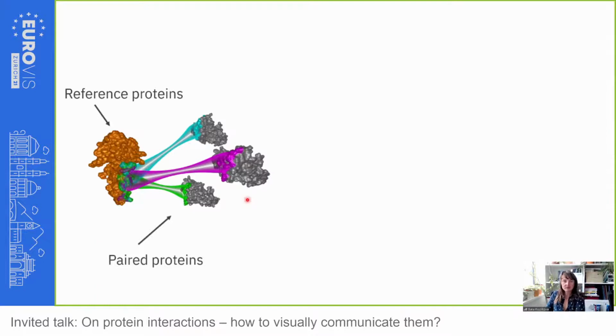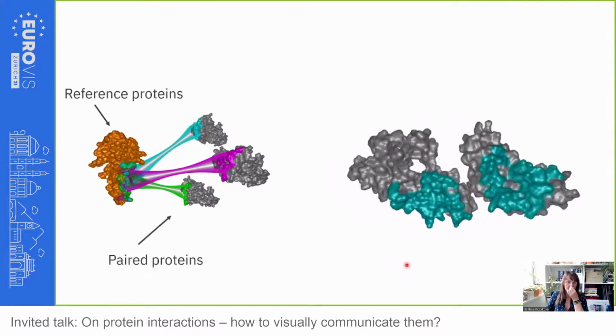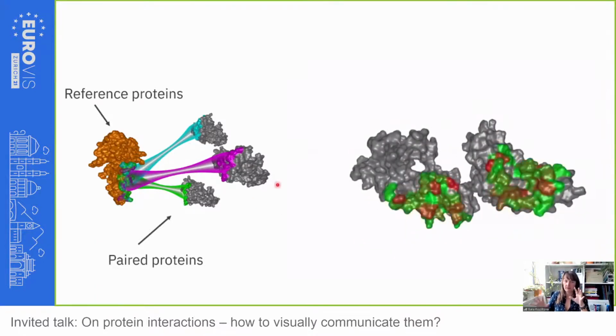And then, even more importantly, for a selected pair of interacting proteins, we were using this open book representation, where the user can really see inside the contact zone, and using different coloring you can understand the properties, the distances of individual atoms, amino acids, and so on.